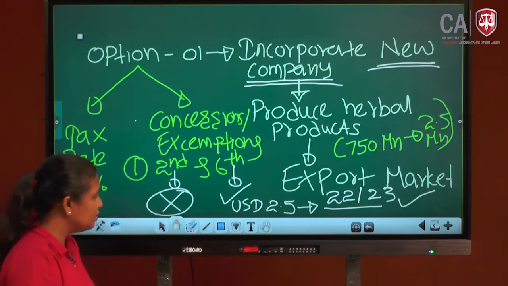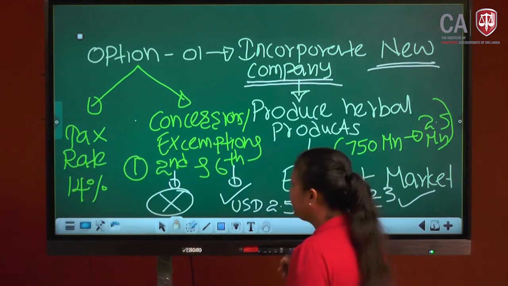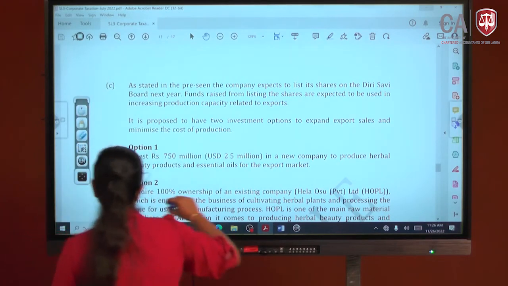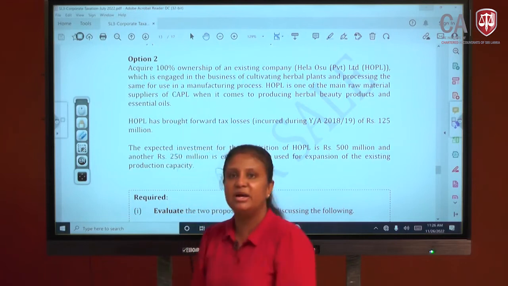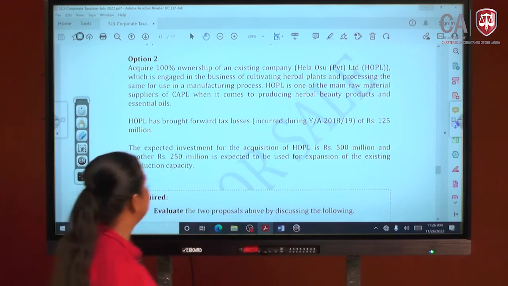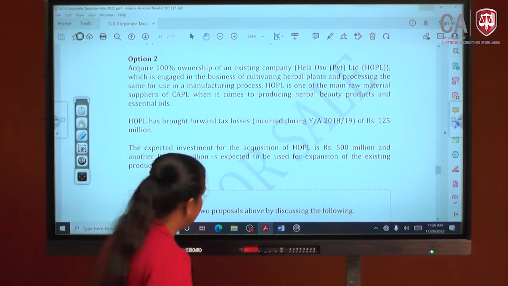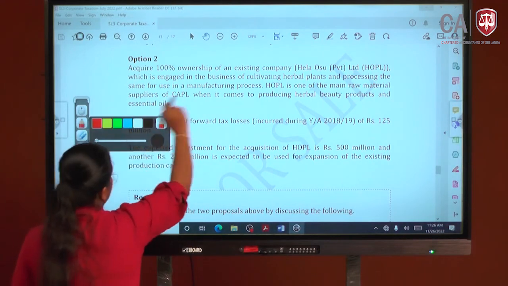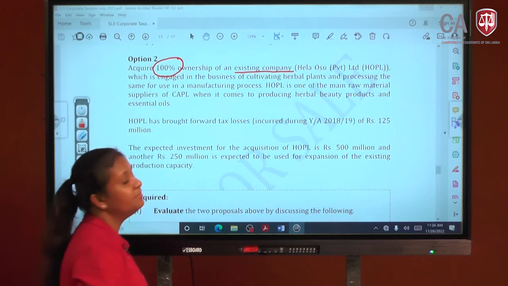Now I need to come to the evaluation of the second option. Let me come to option 2 and explain. Acquire 100% ownership of an existing company.